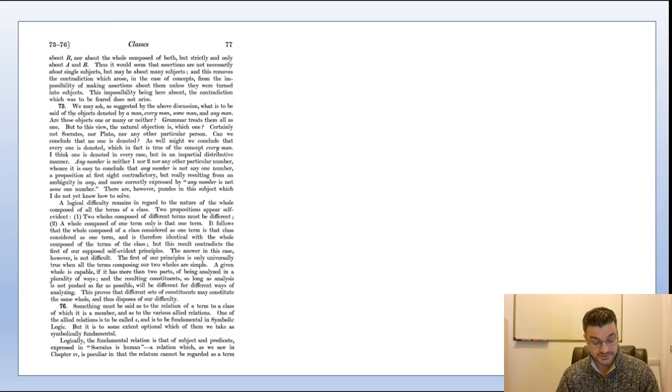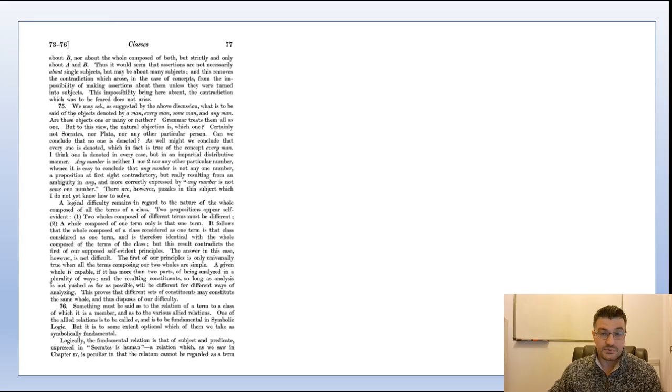I can't remember off the top of my head if he does discuss simple objects, but I would understand a simple object as a kind of object which does not have parts. So a class, generally speaking, will have parts unless it's a class of one term. Okay.